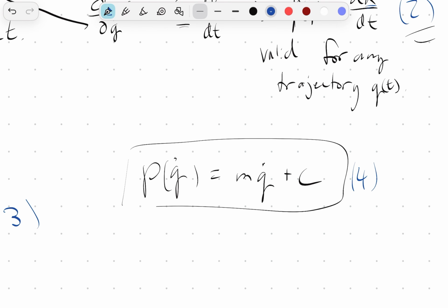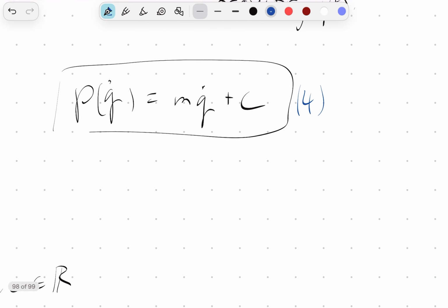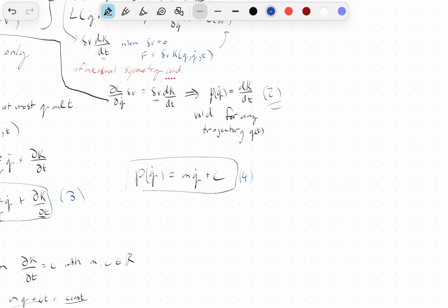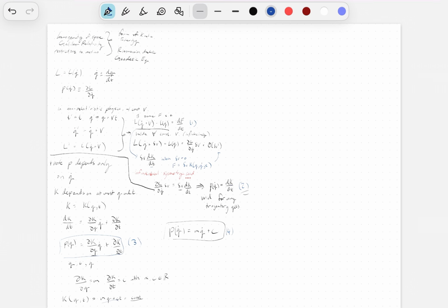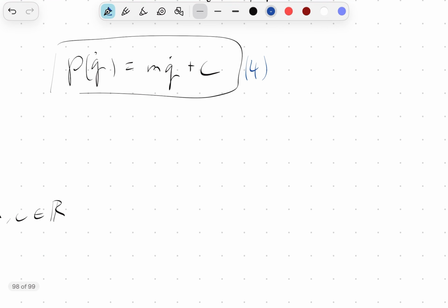And from this momentum, we can now get kinetic energy. So the Lagrangian is the integral of the momentum with respect to the velocity.